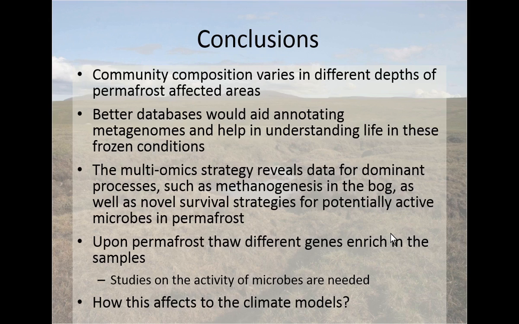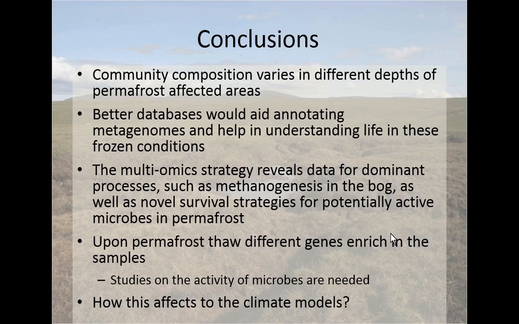To conclude this part of my talk, the community composition really varied at different depths of the permafrost areas, and I would really need better databases to annotate the metagenomes. I really like the multi-omic strategy I used, because I could get information on the genes present, but also on the activity, which I feel is even more important than knowing the metabolic potential, to understand the actual metabolism of these species.